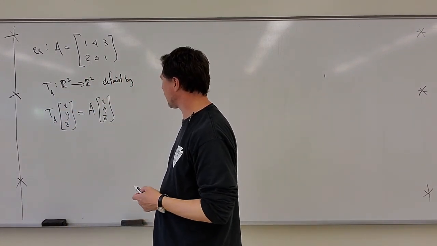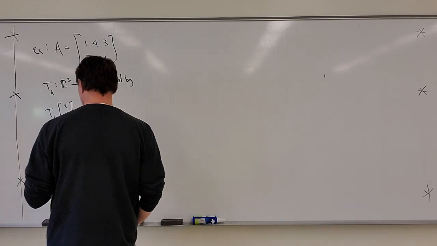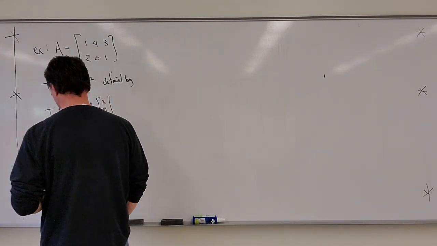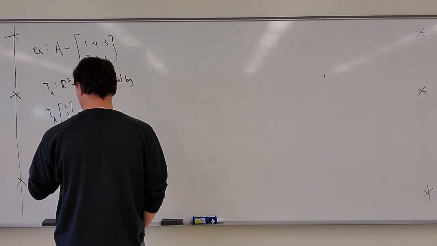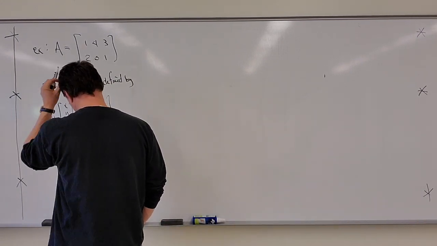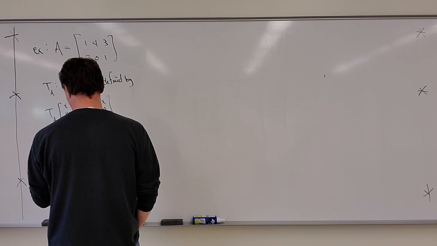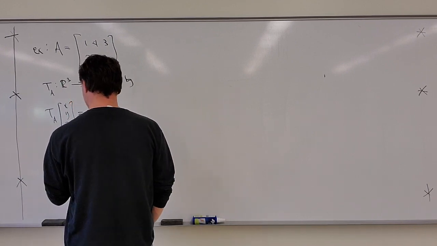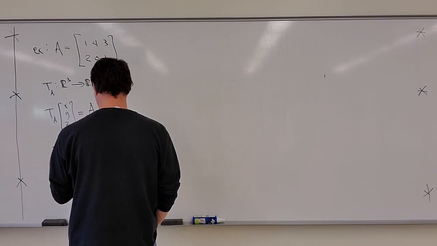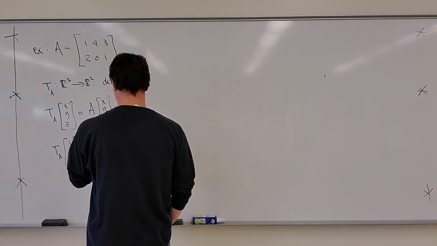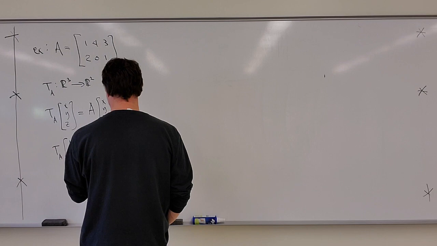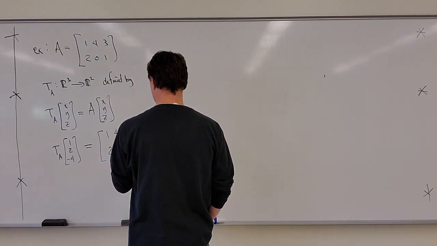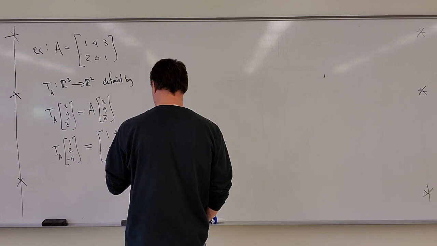And let's see how this actually works. So let's plug in a specific, an explicit vector now. So let's say that we do T sub A of 1, 2, minus 4. Now what that means is A, so that's 1, 4, 3, 2, 0, 1, times 1, 2, minus 4.